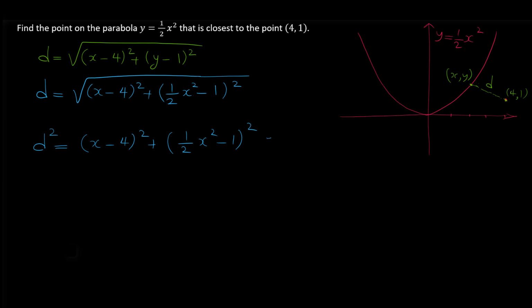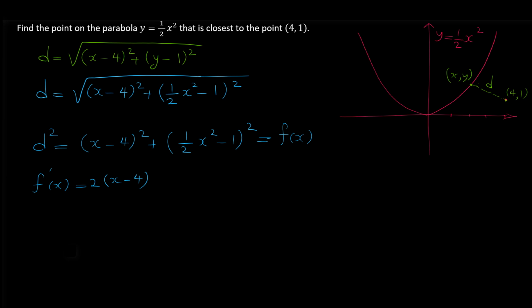Before we start, I name this expression f of x because this expression is in terms of x. f prime of x, the derivative of f of x, would be 2 times (x minus 4). Then the derivative of the inside of the bracket is 1, because the derivative of x is 1 and the derivative of 4 is 0.